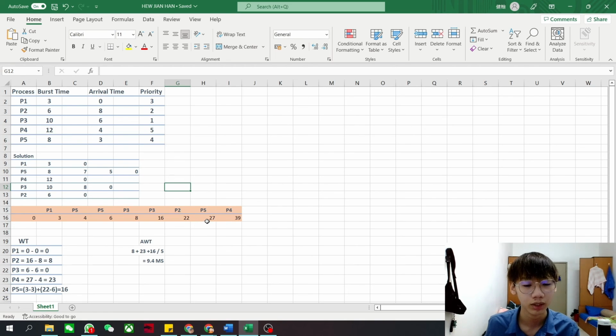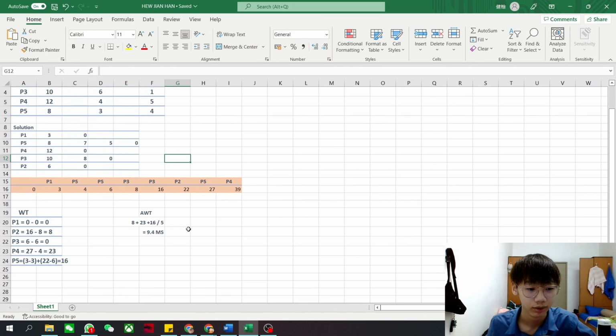Then 22 plus 5 is 27. Then lastly, P4 is incoming at 39 milliseconds. This is because 27 is plus 12. Then we get the last answer, which is 39.